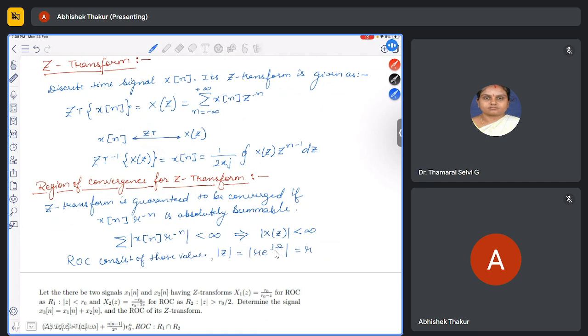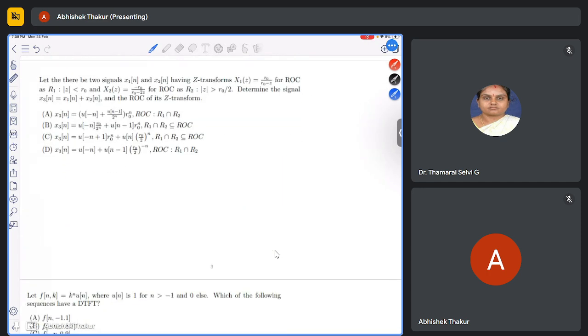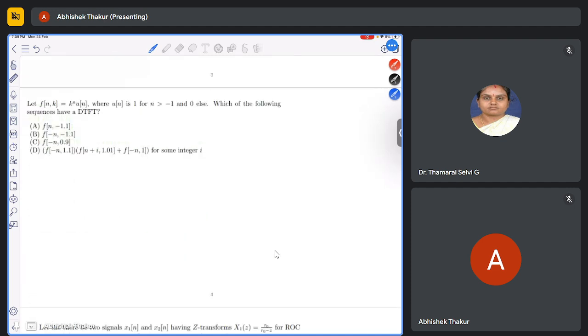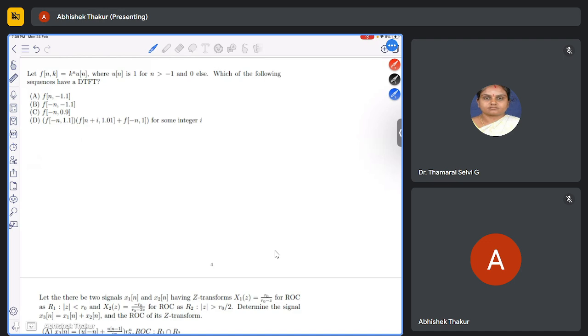So the first question. Let's solve this question first, because this question is based on the ROC.